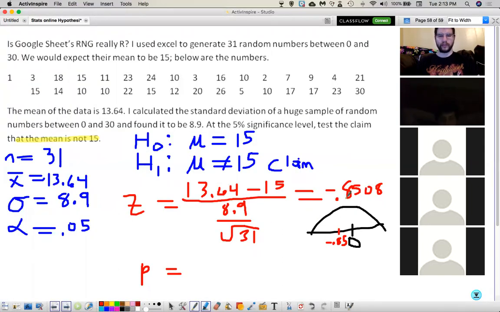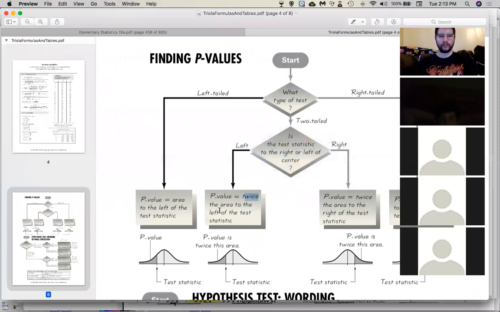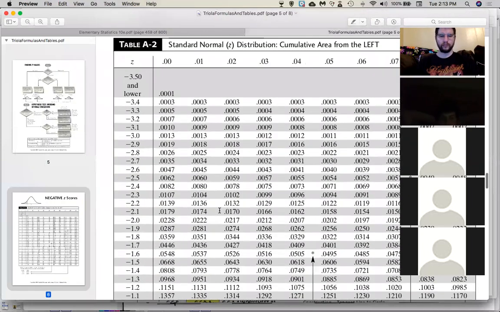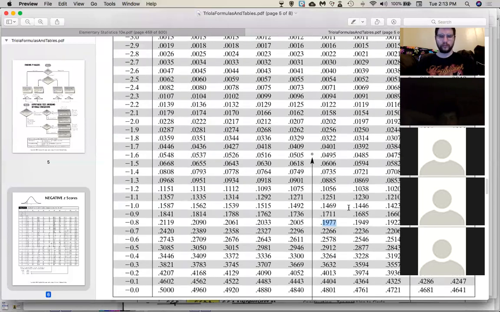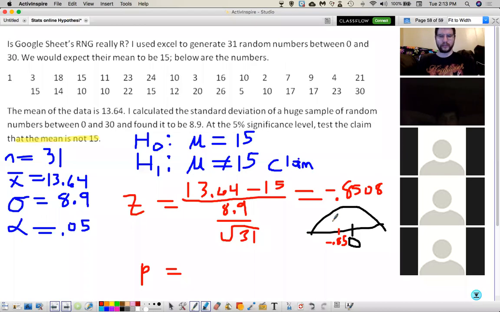So I just need to look up this, negative 0.85. Negative 0.85 should be right here. So 0.1977.